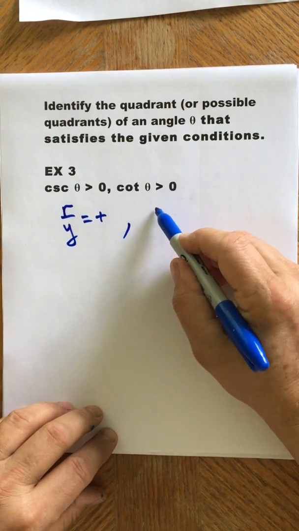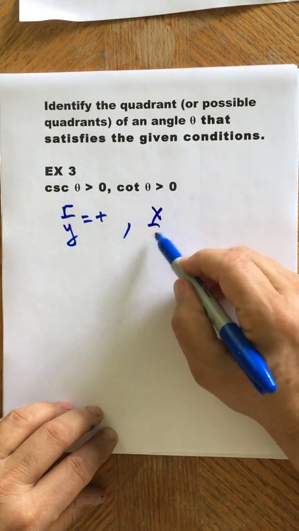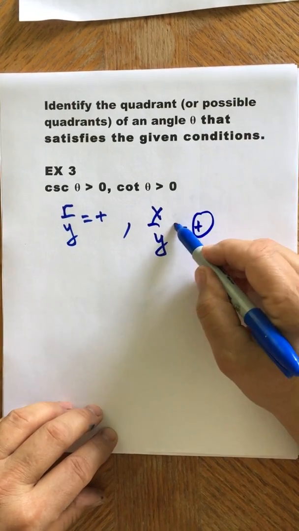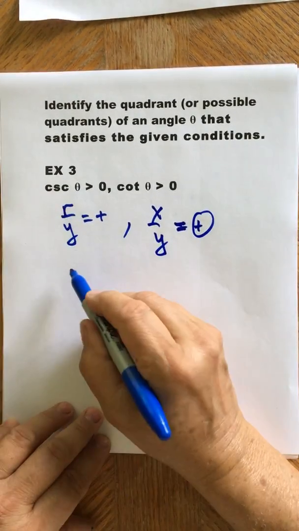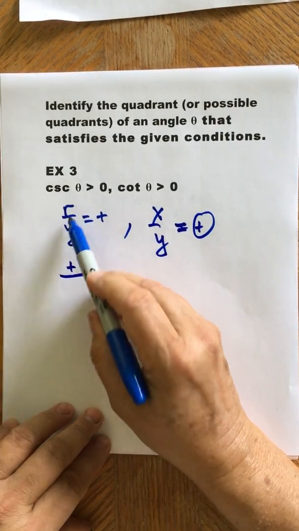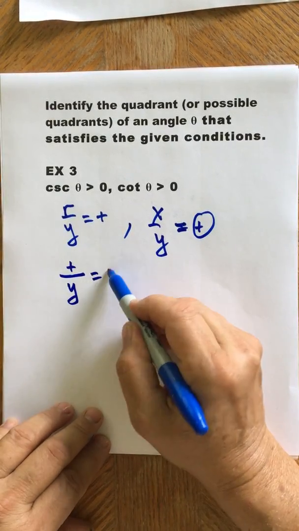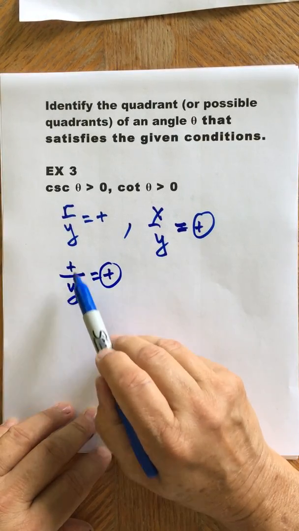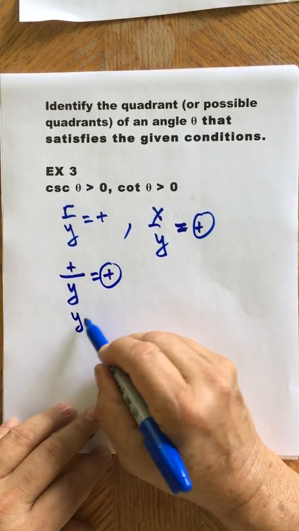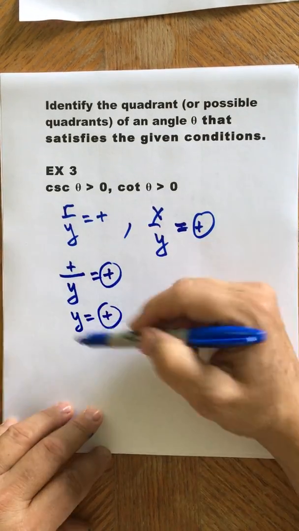Cotangent is x over y, and that's also positive. So r is always positive, and a positive number divided by y must be a positive ratio. How is this possible? Only if y is positive. So I know y is positive from this information.